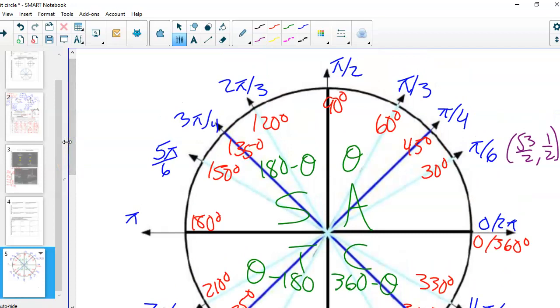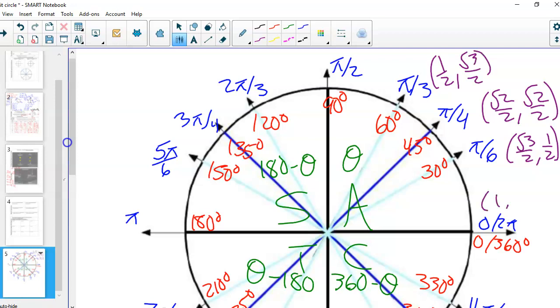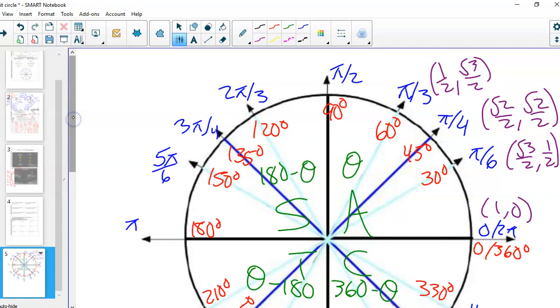Cosine and sine of 45: root 2 over 2. Cosine of 60 degrees or pi over 3: half. Sine of pi over 3, or 60: root 3 over 2. I also skipped one. This should have been 1, 0. This is 0, 1.